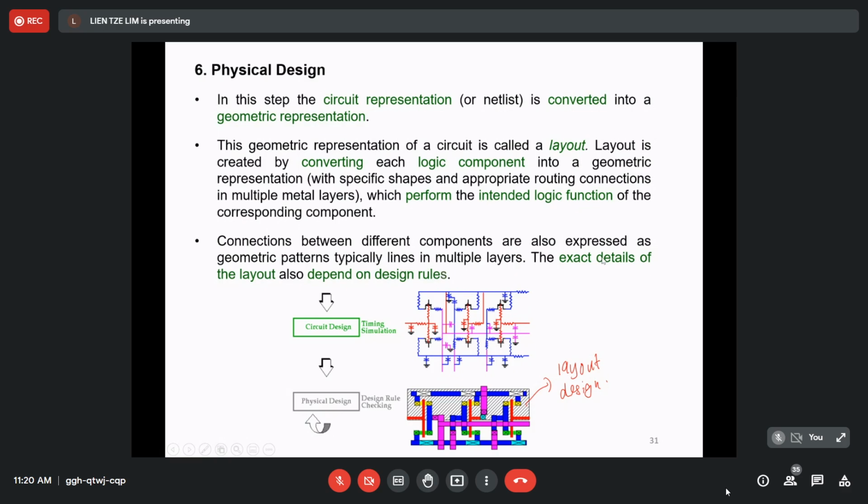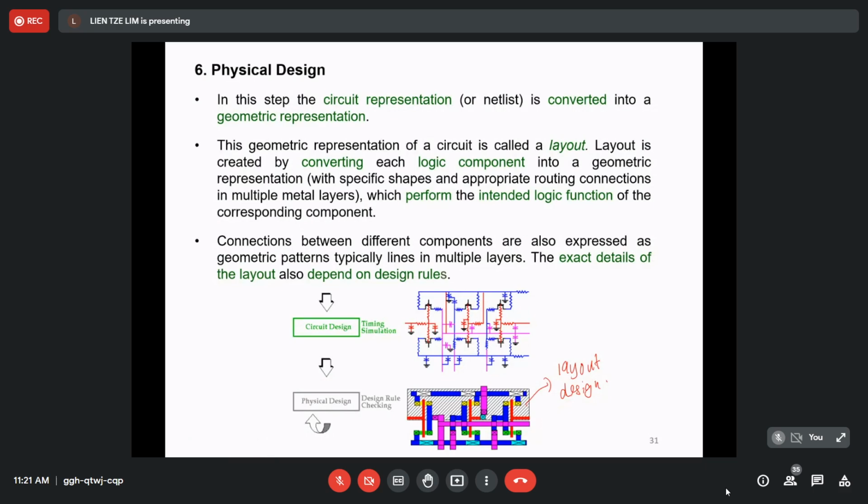The exact details of the layers also depend on design rules. After completing the layout design, we need to verify this design based on the design rules defined in the software. After it passes the design rules, we need to perform other checking as well.